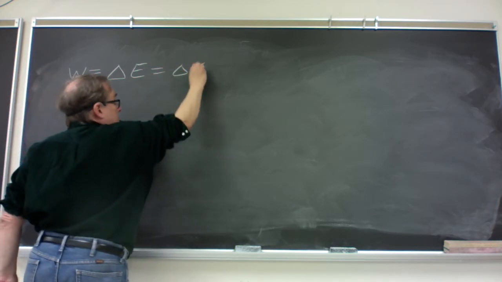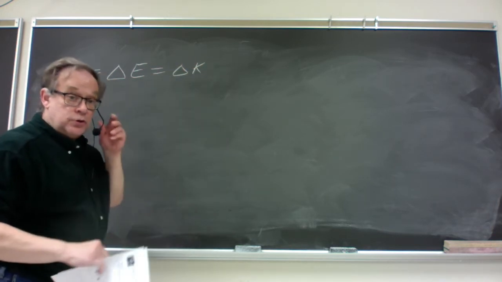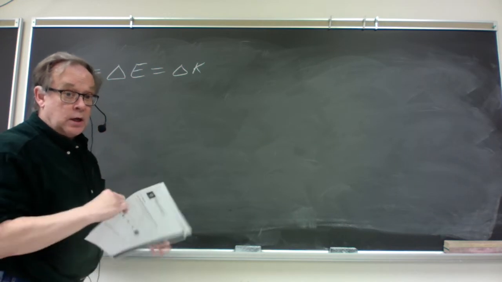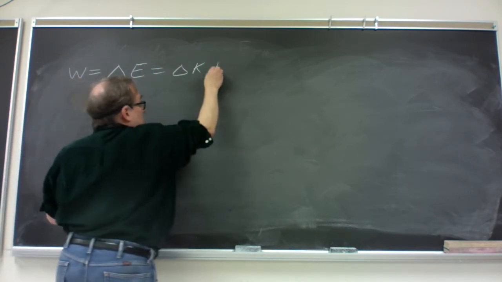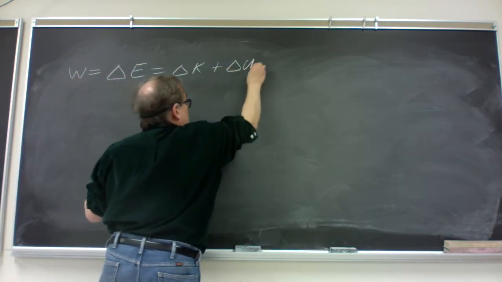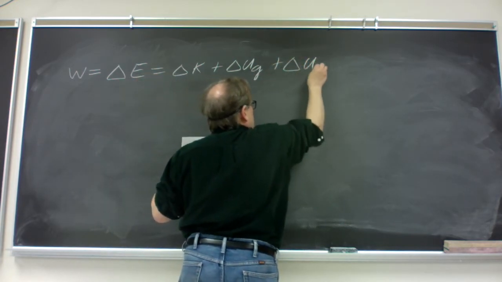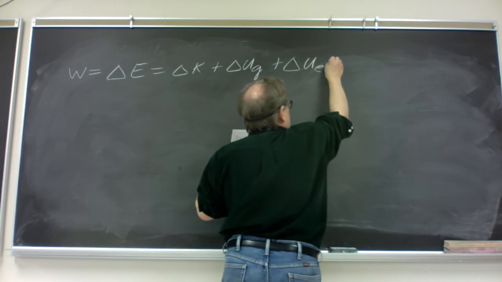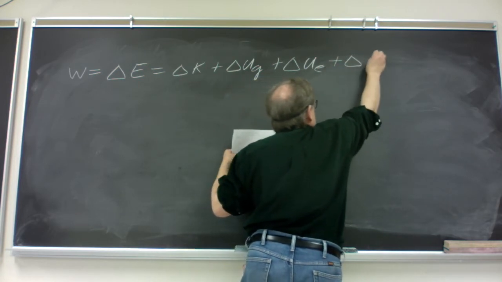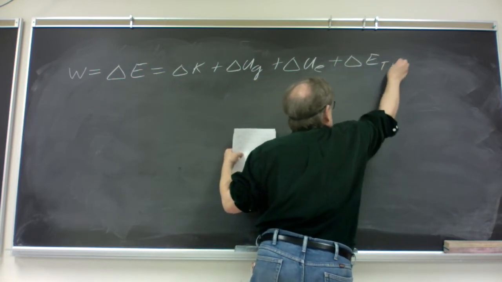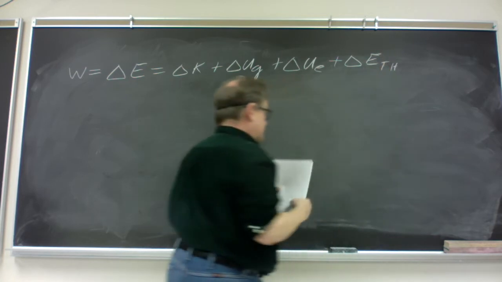A change in kinetic energy could contribute to the total energy change, and there may be a gravitational potential energy change, there may be elastic potential energy change, and there may be thermal energy change.